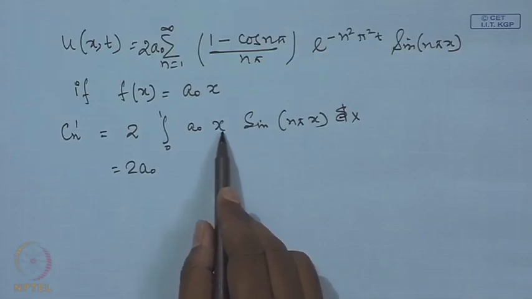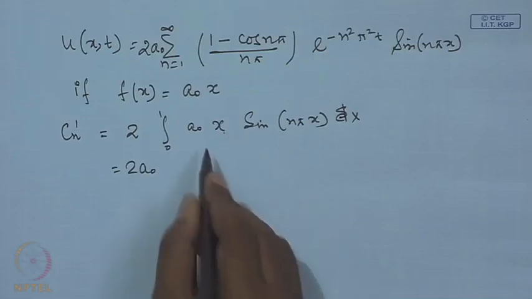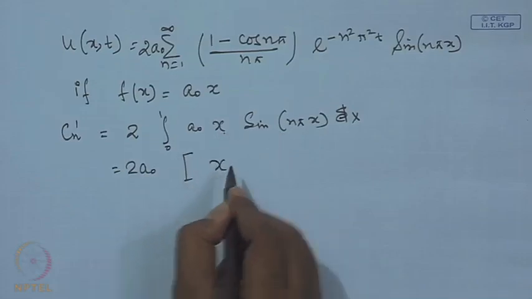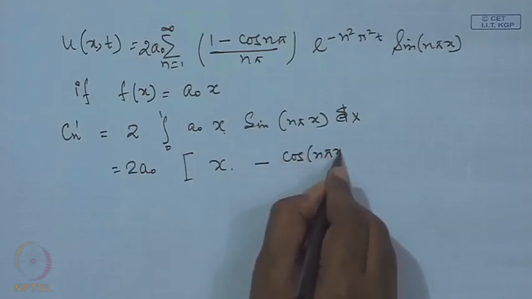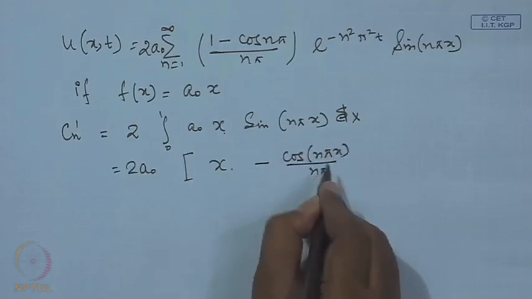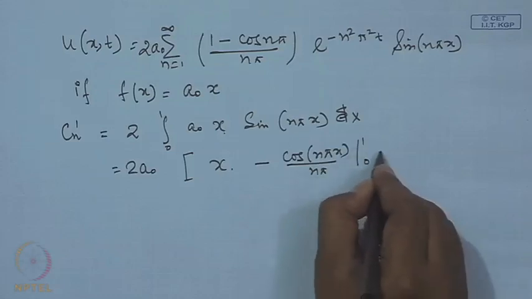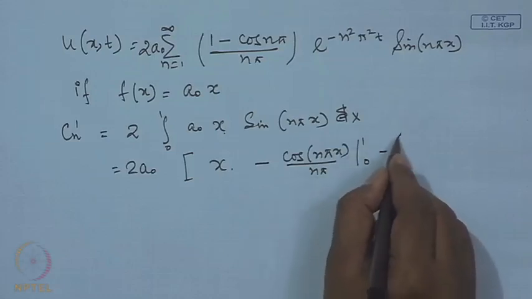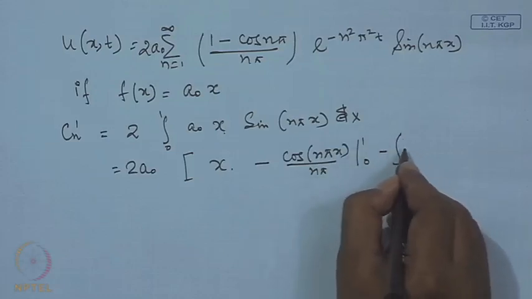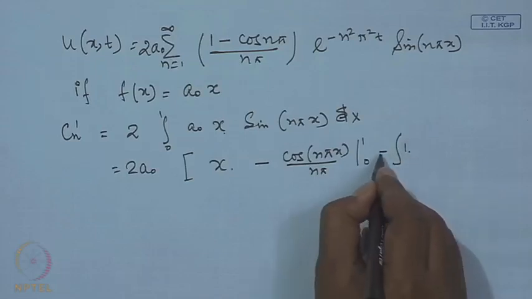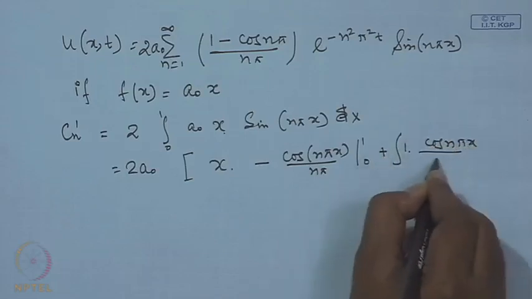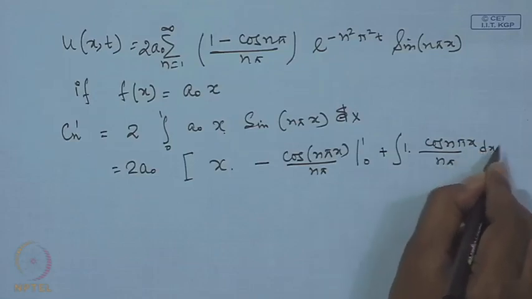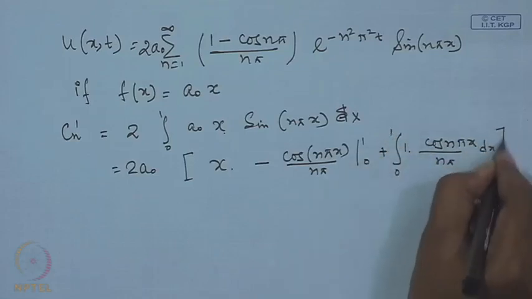We take x as the first function and sin n pi x as the second function. So, first function times the integral of the second function will be minus cosine n pi x divided by n pi from 0 to 1, minus the differential of the first function, which is 1, times the integral of the second function, minus plus cosine n pi x divided by n pi, dx from 0 to 1.